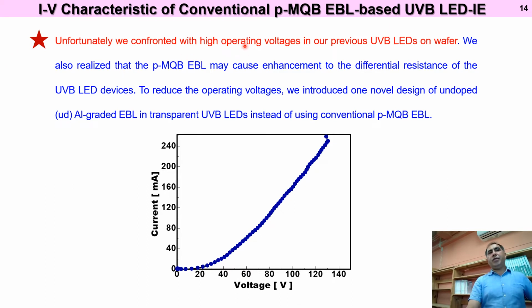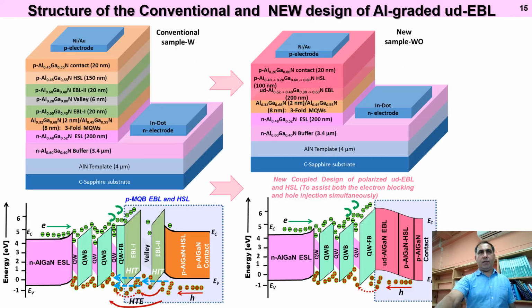Unfortunately, we confronted high operating voltages in previous UV LEDs on wafer. We also realized that the MQB EBL may cause an enhancement of the differential resistance. To reduce the operating voltages, we introduced a novel design of an undoped aluminum-graded EBL in transparent UVB LEDs instead of the conventional electron-blocking mechanism.